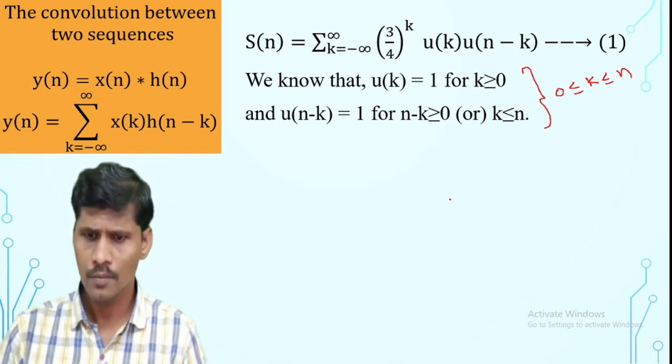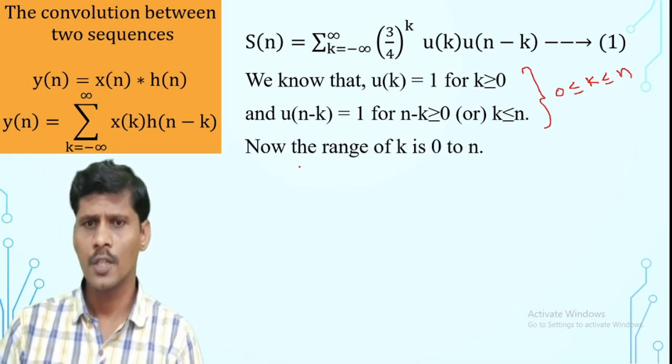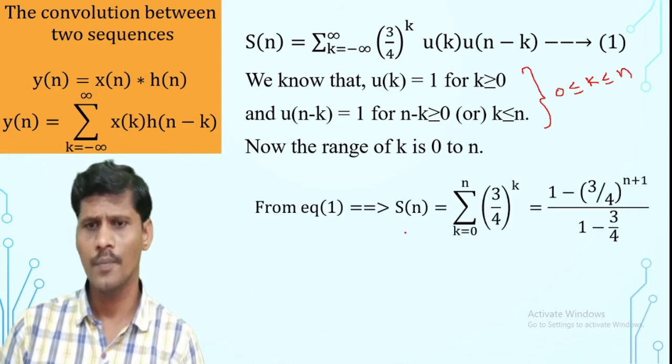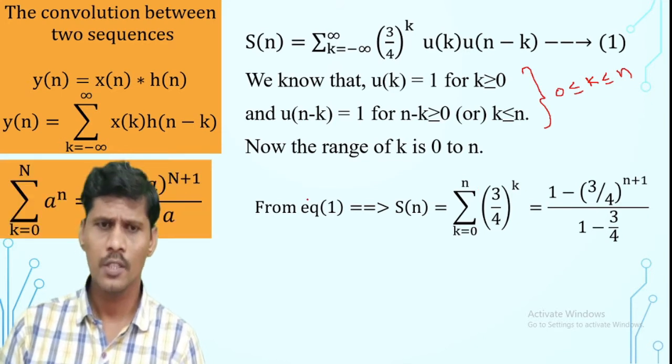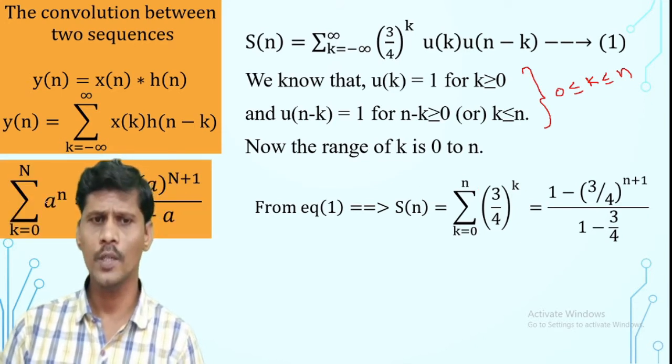So therefore the step response s of n is equal to sigma k equals 0 to n (3/4)^k, where the u of k value is 1 and the u of n minus k value is 1. We know that sigma k equals 0 to n of a^k is (1 minus a^(n+1)) by (1 minus a).